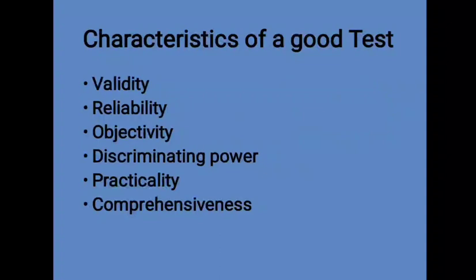It implies the capacity of the test to distinguish the high achievers, average achievers, and the low achievers. The test should include easy, average, and difficult questions appropriately to ensure its discriminating power.